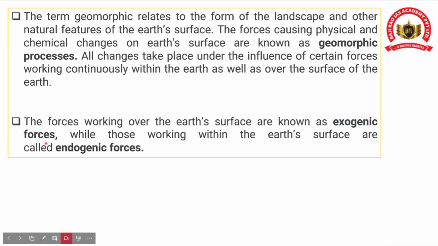However, the forces taking place inside the surface of the earth, inside the crust, are called endogenic forces. So geomorphic processes are of two types: exogenic forces, which take place on the surface of the earth, and endogenic forces, which take place inside the earth.